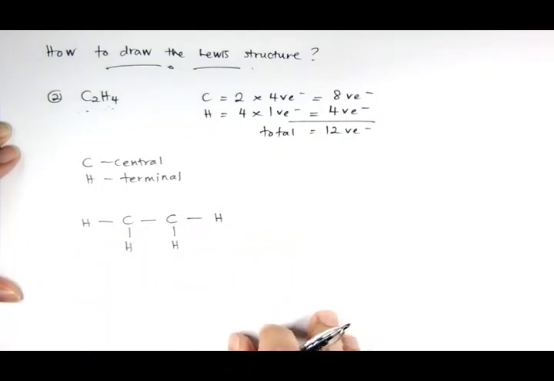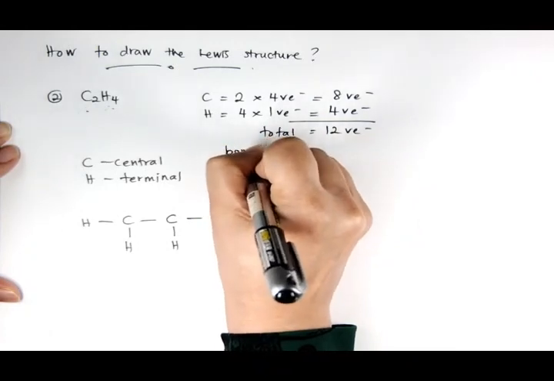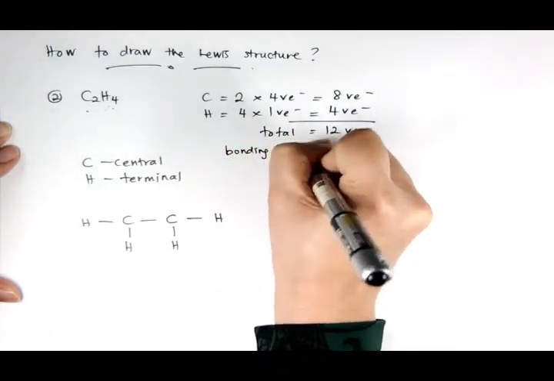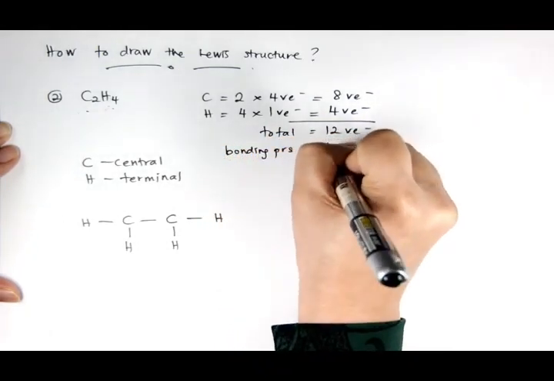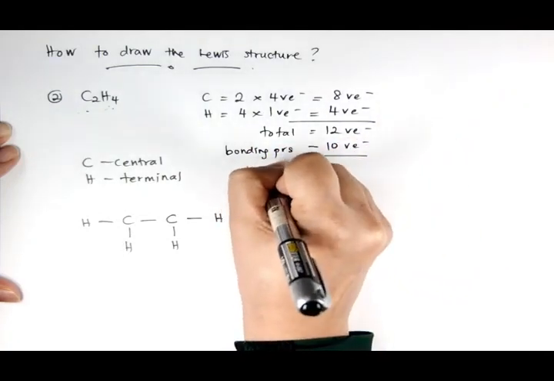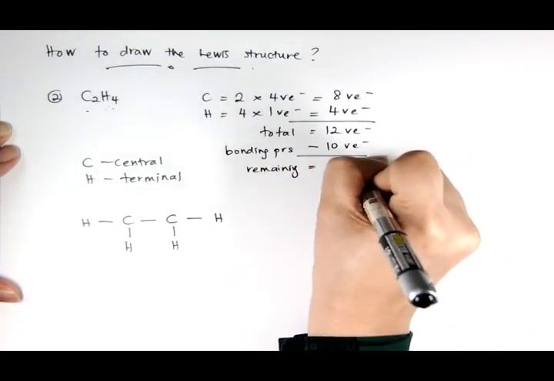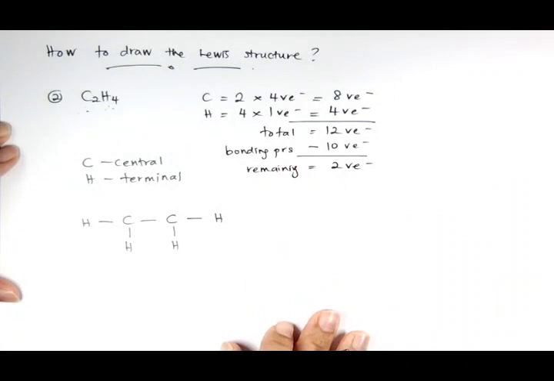With the 5 single bonds between the carbon and hydrogen and carbon atoms, we have used up 10 electrons. So bonding pairs of electrons, we have used up 10 valence electrons. But we still have remaining electrons, with 2 valence electrons. The 2 valence electrons we can locate to the terminal atom to make it octet.